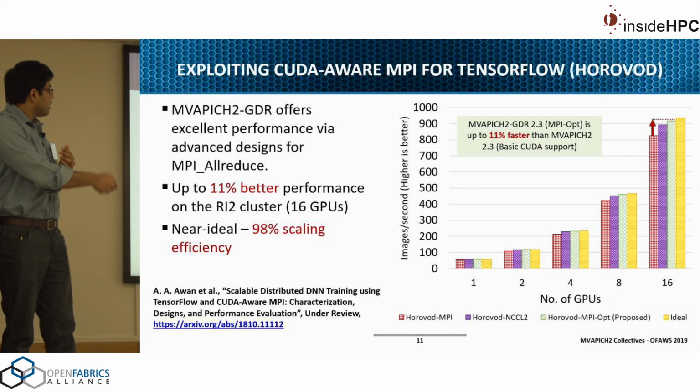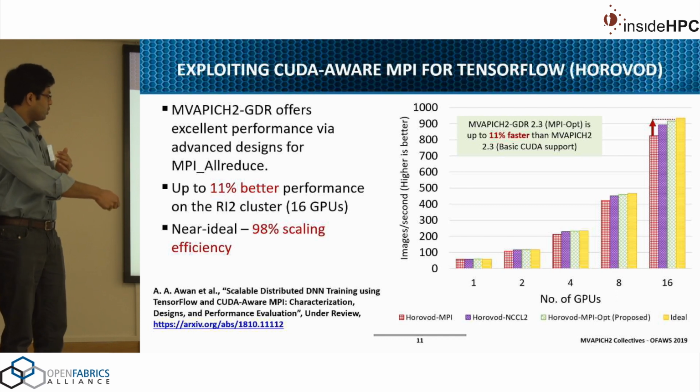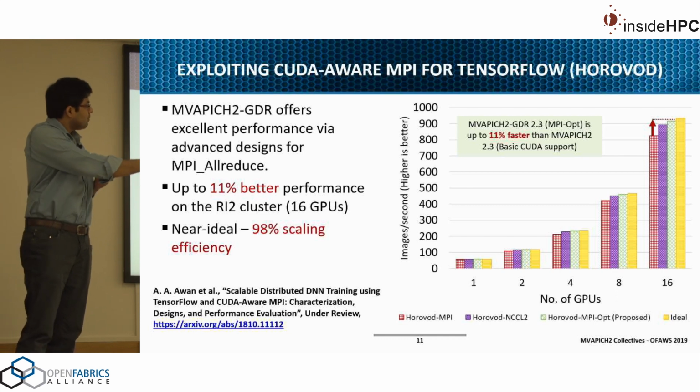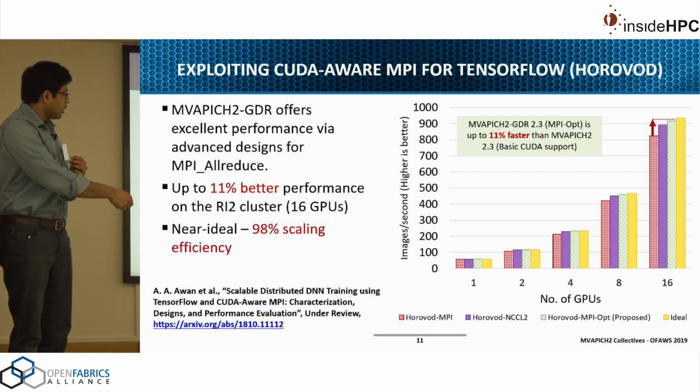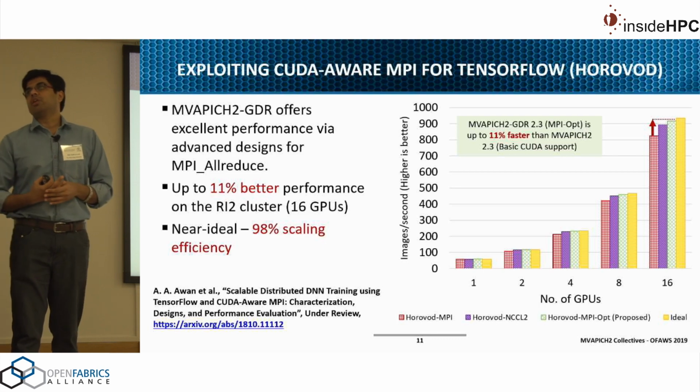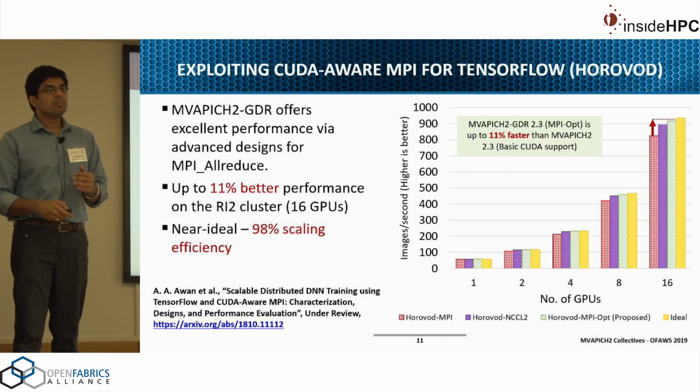We use that with MVAPICH2-GDR and also with NCCL 2, and we are able to show that even at the application level, MVAPICH2-GDR is able to deliver much better performance than Horovod over NCCL 2 or Horovod over an unoptimized version of the MPI runtime.